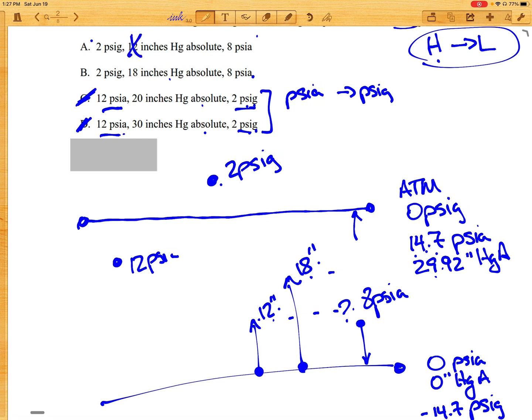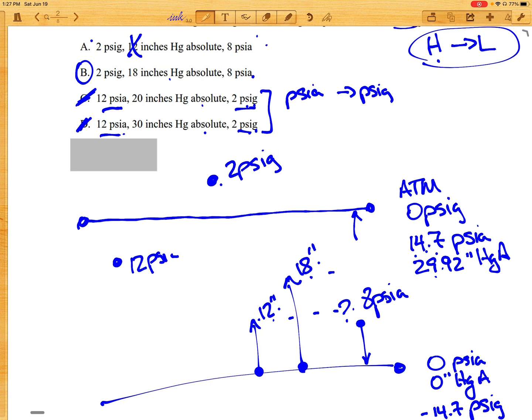So I'm going to say the 12 is no good. And I mark that down right like that. I have figured out this problem. The answer is B, without doing any unit conversions, by using my diagram.